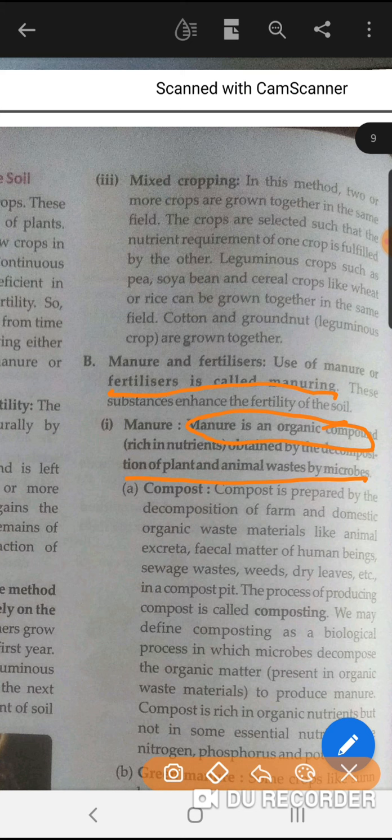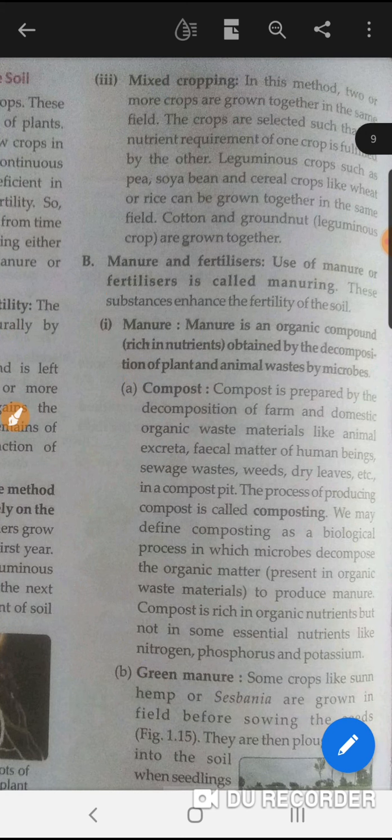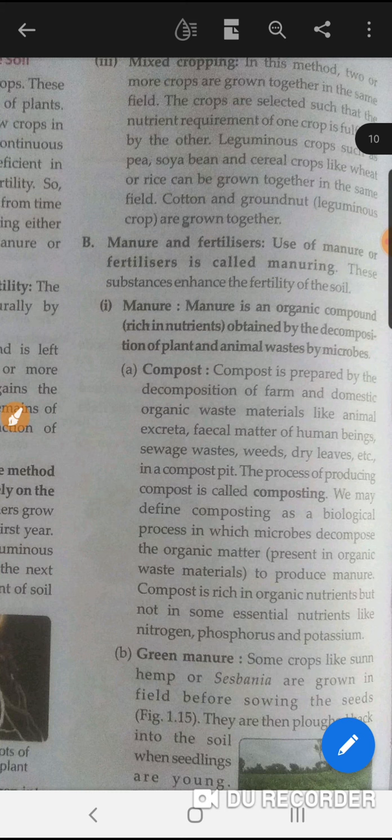Now, the types of manure. First is compost. Compost is prepared by the decomposition of farm and domestic organic waste materials like animal excreta, fecal matter of human beings, sewage waste, weeds, dry leaves, etc. in a compost pit.